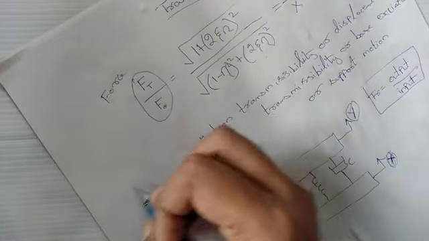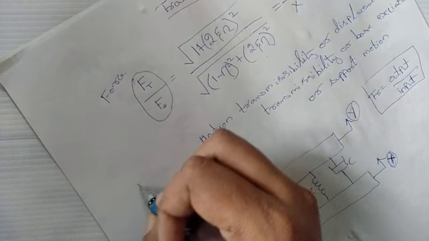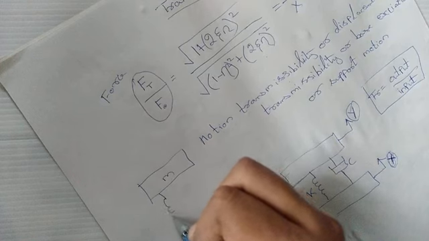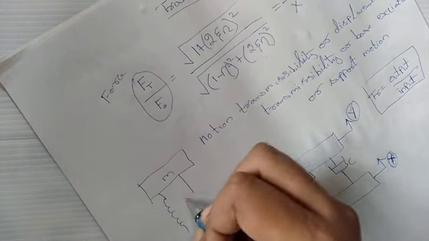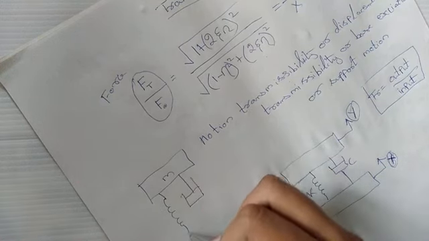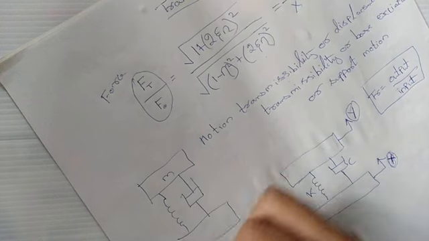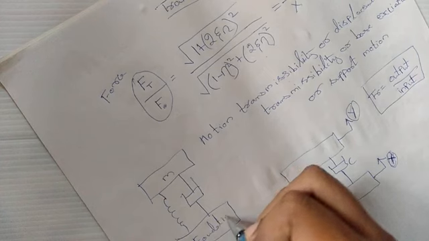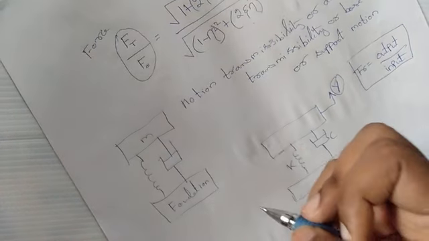In force transmissibility, what happens? There would be a machine of mass m, and then there would be a spring and a damper system connected to the foundation. In this, which is the output, which is the input?